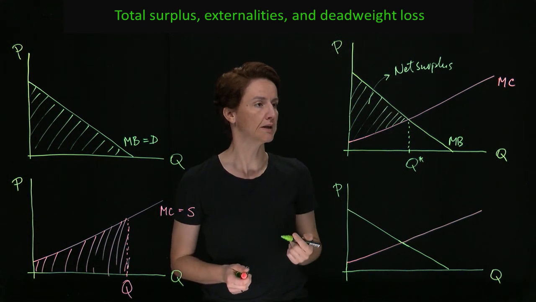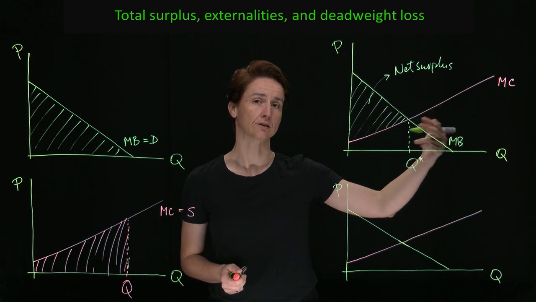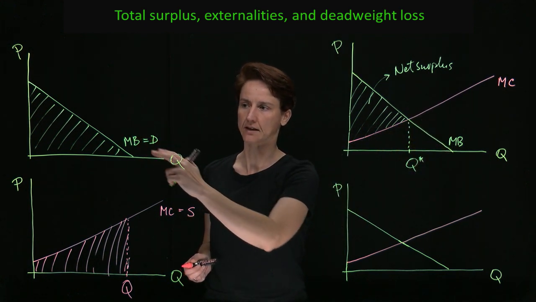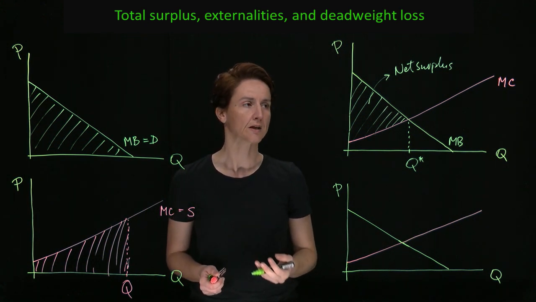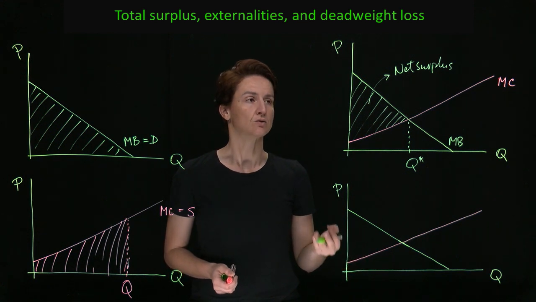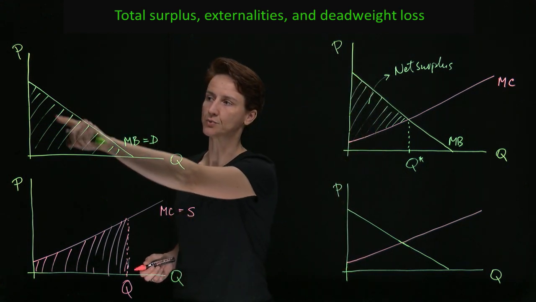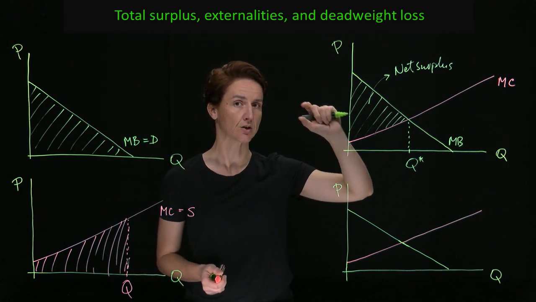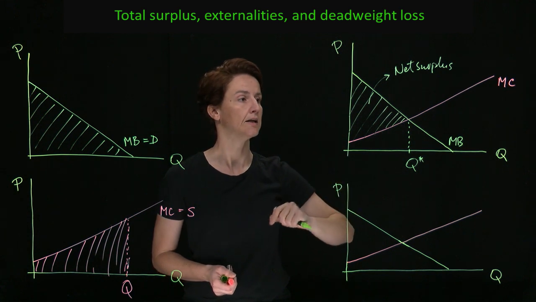Now, what will happen if there are either benefits or costs that are not reflected in the consumer's marginal benefit curve and the producer's marginal cost curve? Suppose that there's a market with external benefits, so that for each unit, aside from the benefits brought to consumers, there's some additional portion of benefits that is created for others.